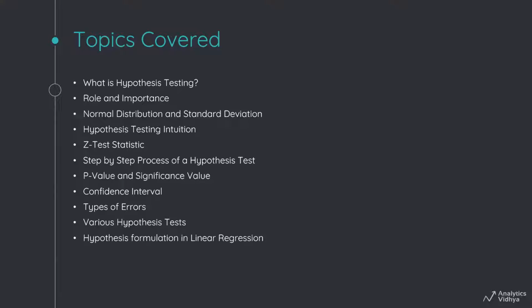So we'll take the z-test as an example and solve certain problems. By the end of the session, I believe you'll be able to understand the terminologies of a hypothesis test, the process, how we do it, and you can map those concepts back to any hypothesis test at hand.